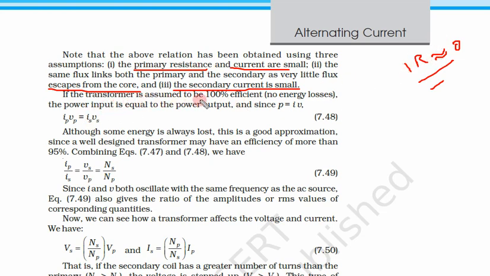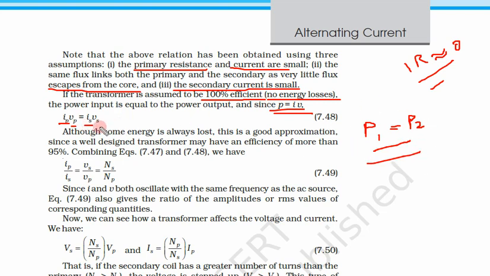If the transformer is assumed to be 100% efficient, that means it is not losing any energy. What will happen in this case? Power is equal to IV. Since the transformer is 100% efficient, the current in the primary times the voltage in the primary, which is the power input, must be equal to the power output. The transformer is not losing any energy.